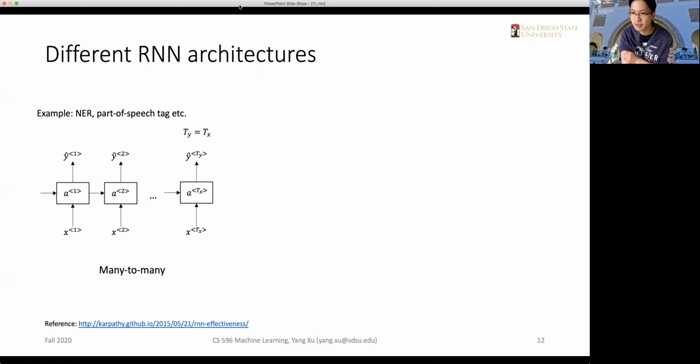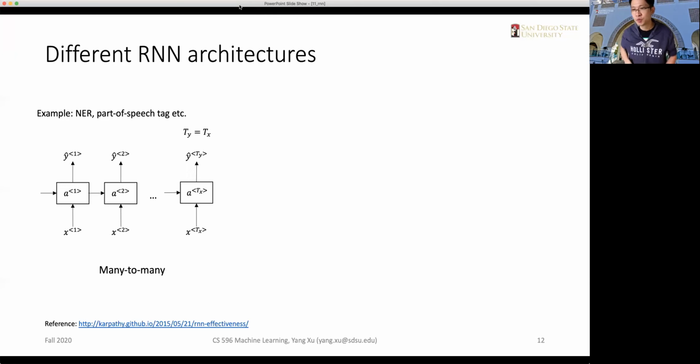The part of speech tagging task is basically to label the functioning roles of all the words in a sentence. We like to know whether this word is a noun or verb, or whether this phrase is a noun phrase or verb phrase, and so on. It's more like a syntactic analysis, but part of speech tagging requires that we give a tag to each word in a sentence.